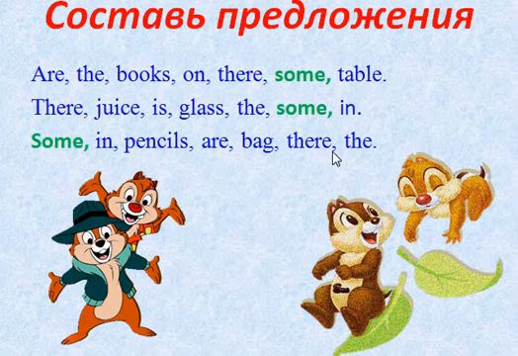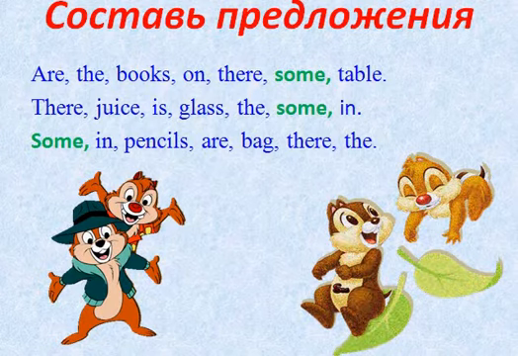Let's look at the exercise. Let's make up a sentence from these words. Are there books on some table? So, if you remember, peoples, we learned about the construction there are, right? So we put there are in the first place. After the auxiliary verb we use the word some.